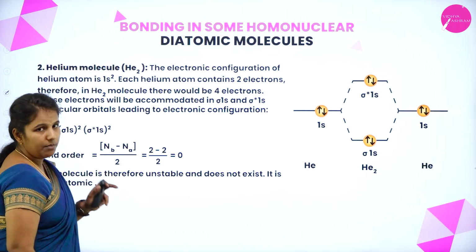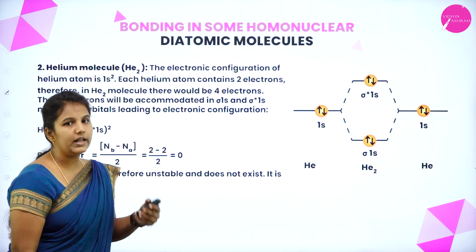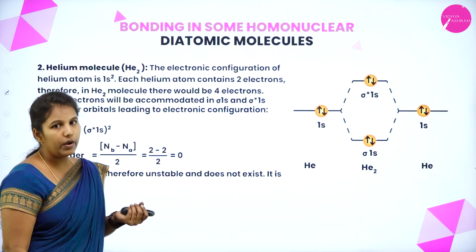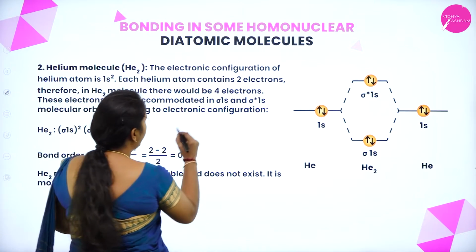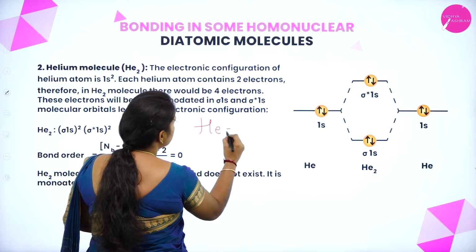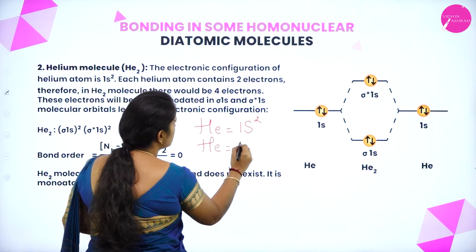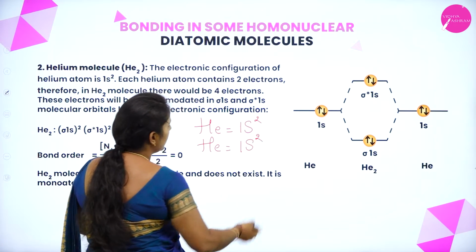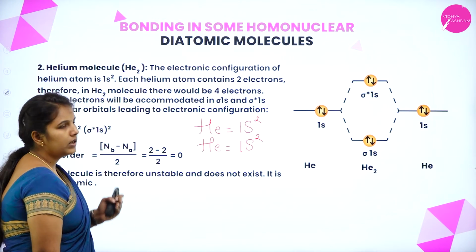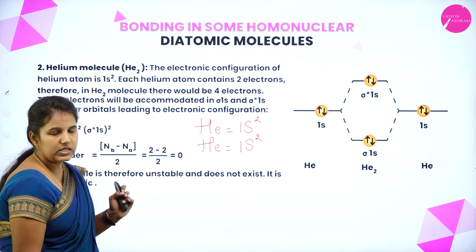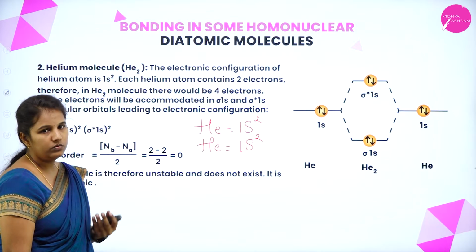We'll discuss another example. I'll go with the helium molecule. Again, we know that a helium atom consists of 2 electrons, and we write 1s square. Similarly, another helium atom has 1s square. So in total it is sigma 1s square and sigma star 1s square.